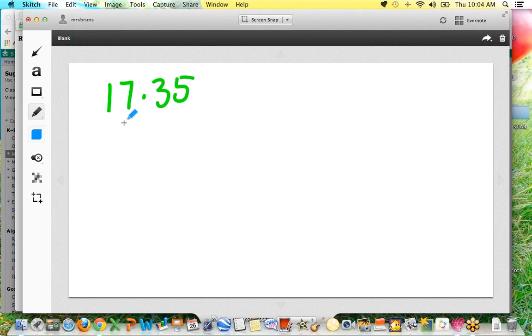Why don't you type it into the chat? Which one of these numbers is in the ones place? I have a question. Do you mean in decimals or in whole numbers? Whole numbers, ones. Okay, so I'm getting some people saying 5, and that's not correct because that is actually in the hundredths place.